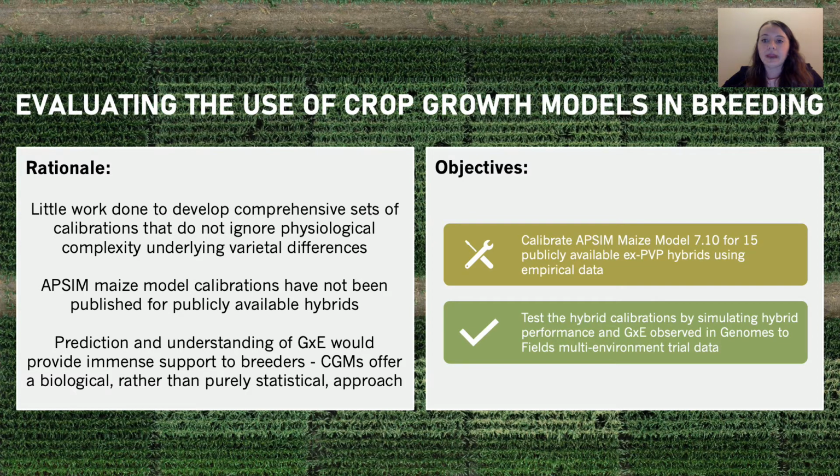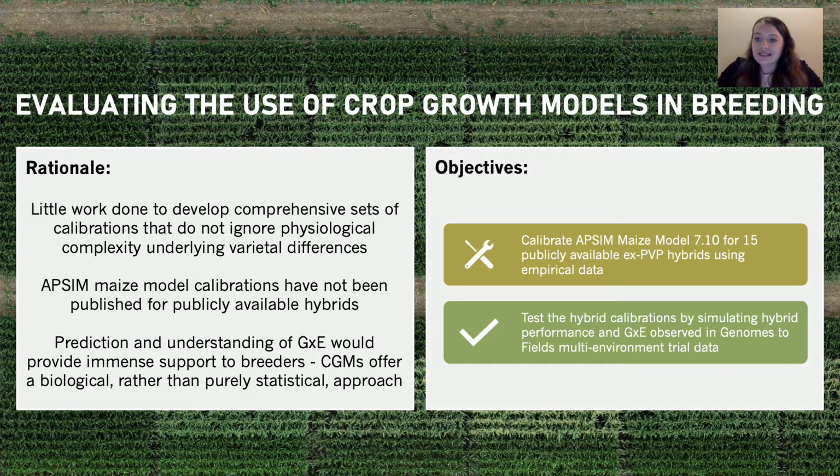An approach that many have taken when establishing genetic or cultivar parameters is to just classify hybrids or varieties into maturity groups and assume that genetic parameter values are the same for all hybrids within that maturity. But there are differences among hybrids within a similar maturity for many of the genetic parameters in APSIM, which result in trait variation among the hybrids.